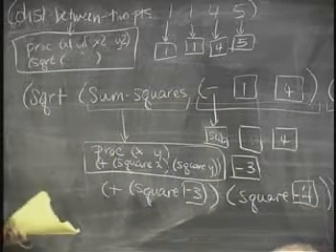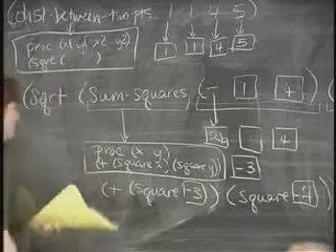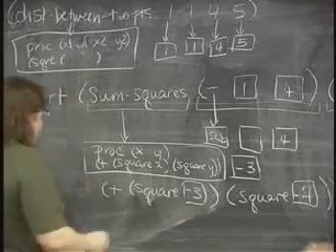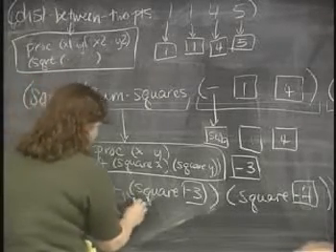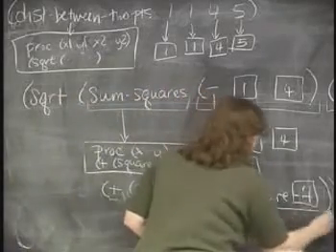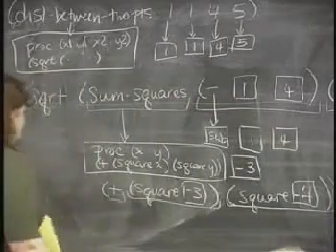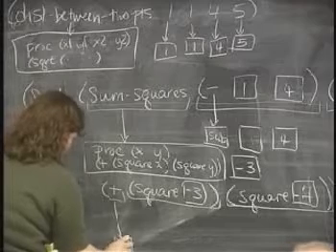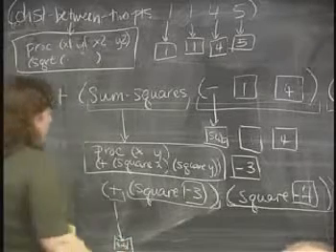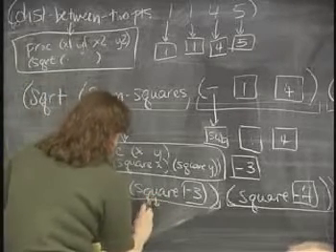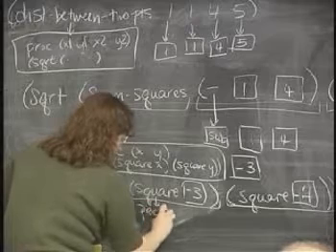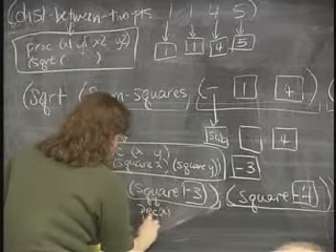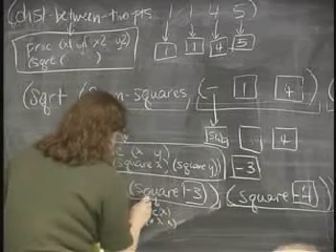To evaluate this, we have three sub-expressions. Let's do add first. Okay, so square is a procedure, takes one argument, multiplies it by itself.